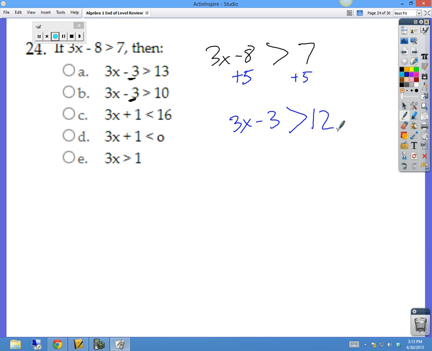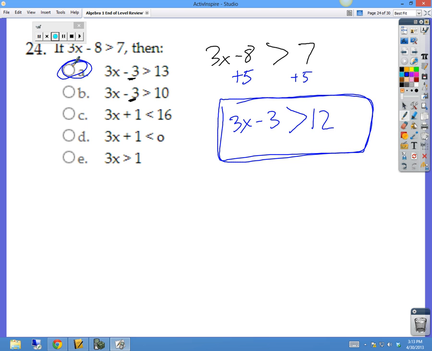Oh, you know what? This might be a way cool but hard question. Okay, 3x minus 3 is anything greater than 12. So if 3x minus 3 is anything greater than 12, would A work? Would 3x minus 3 be greater than 13?